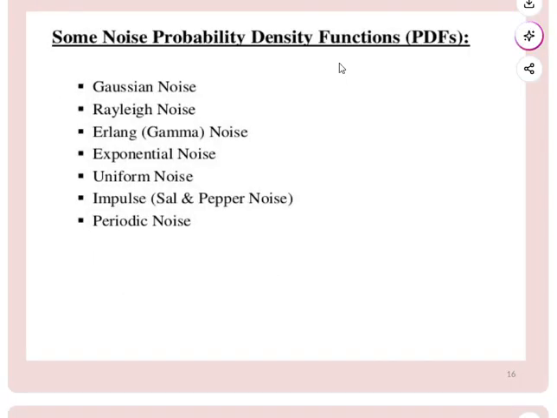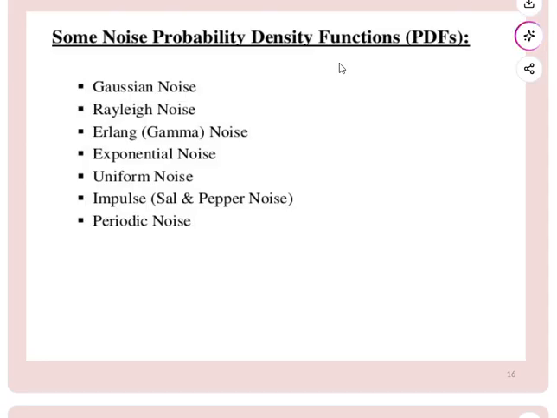There are 7 important noise models, or noise probability density functions. They'll ask in the exam to explain any 2 to 3 noise models in detail, or they'll generally ask to explain noise models in detail. The noise models along with their probability density functions should be explained.